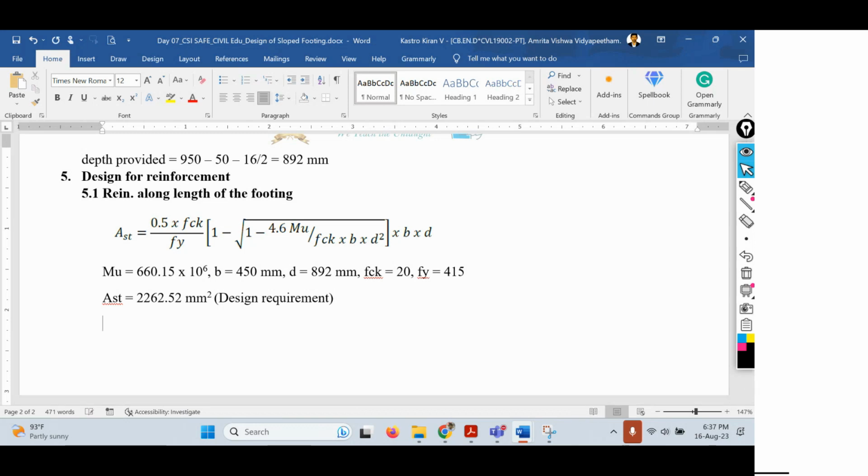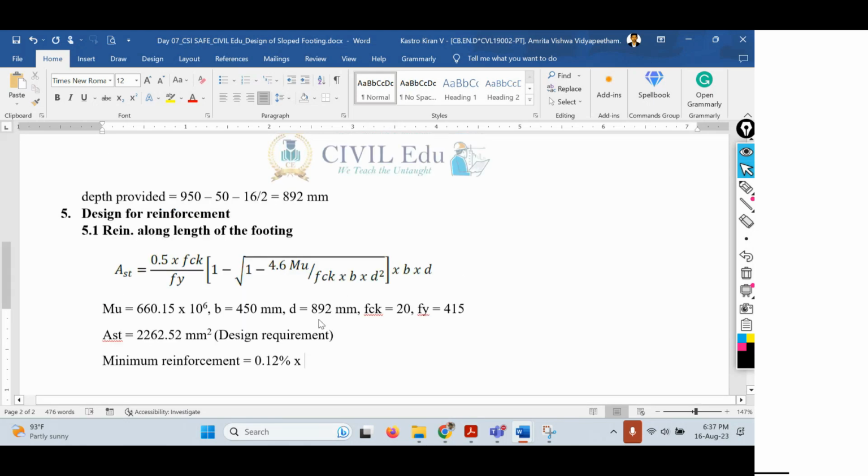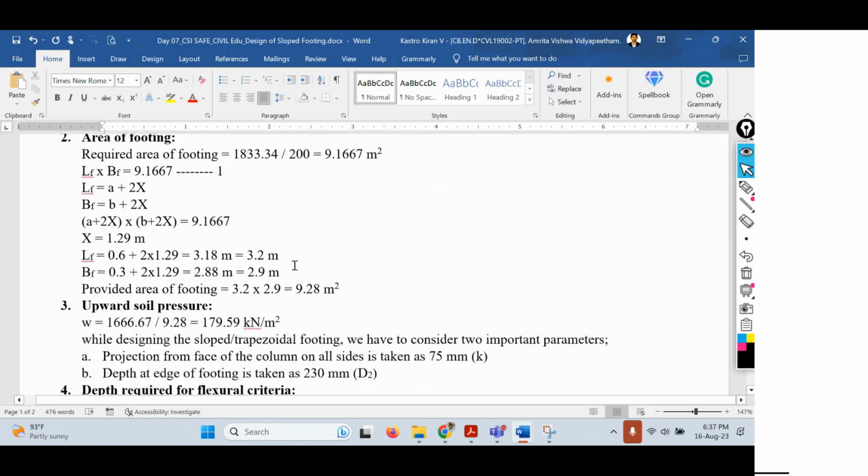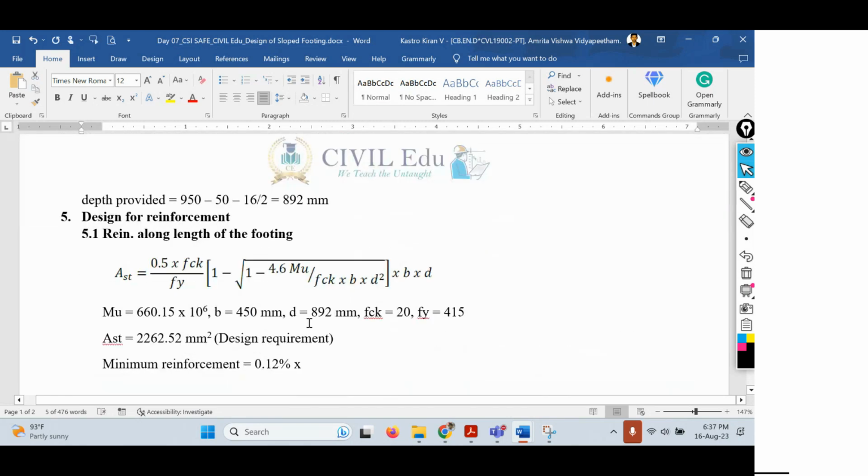Now let us find out the minimum reinforcement value. So minimum reinforcement, AST minimum equals to 0.12% into B, that is 450, into overall depth. Sorry, B is not that one. B is width of the footing. So what is width of the footing? It is something like 2.9. Yeah. So width of the footing is 2.9.